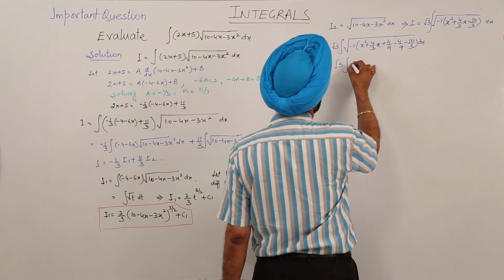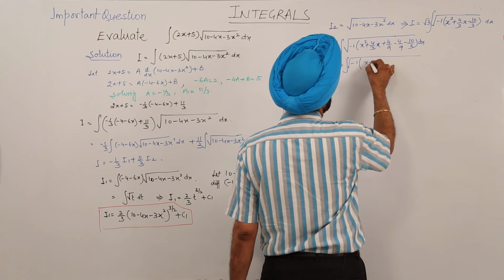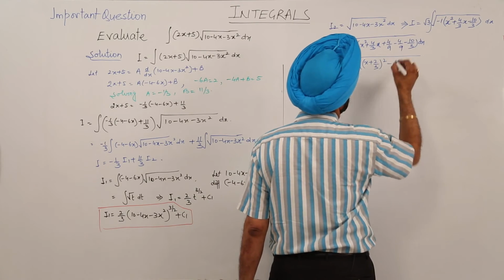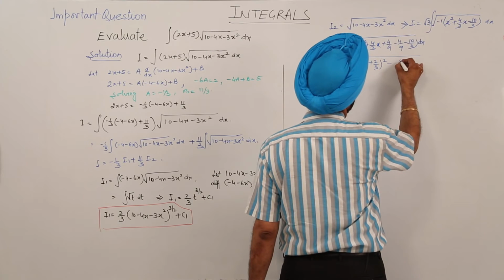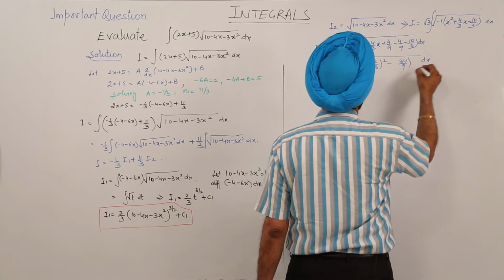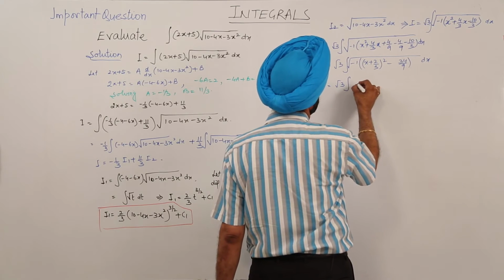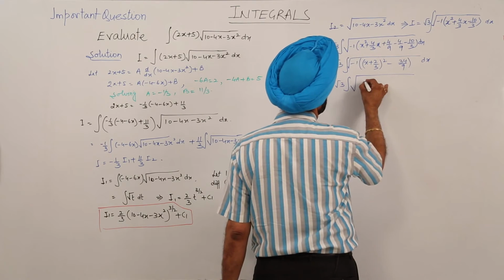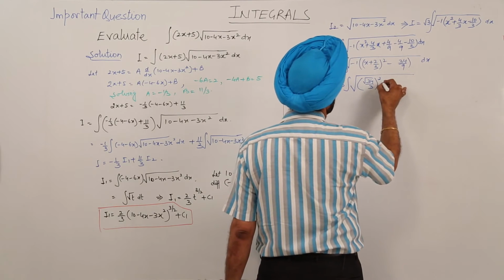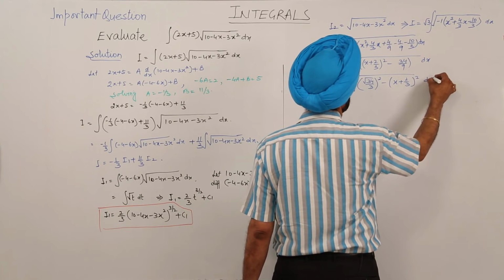Root 3 integration of 1 over the square root of -1 times ((x + 2/3)² - 34/9) dx. And this can be written as root 3 integration of 1 over the square root of (√34/3)² - (x + 2/3)² dx.